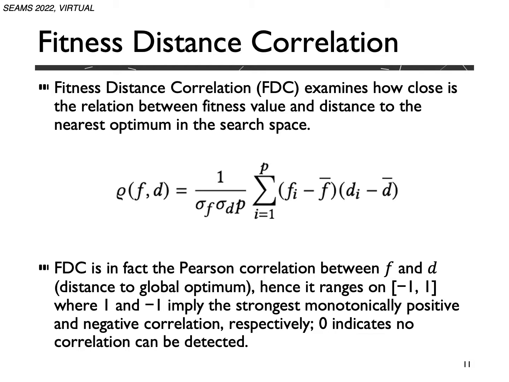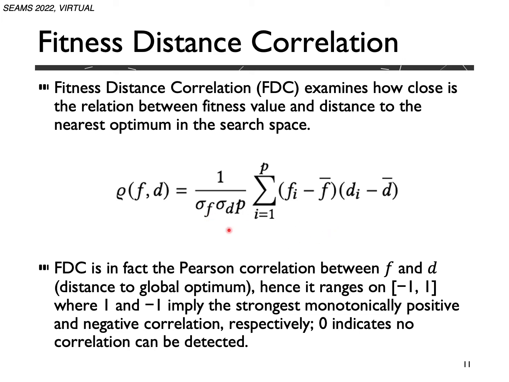The first notion we use to quantify the landscape is fitness distance correlation, which examines how close the relation is between fitness values and distance to the nearest optimum. Basically, it is a Pearson correlation between a point's performance value and its distance to the global optimum, where 1 and -1 imply the strongest positive and negative correlation respectively.